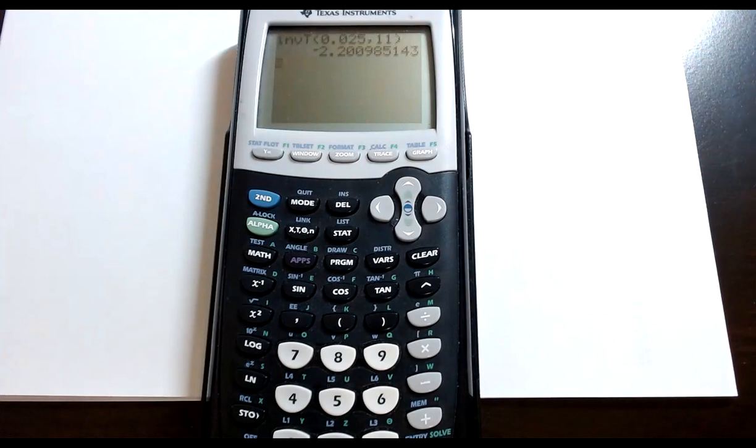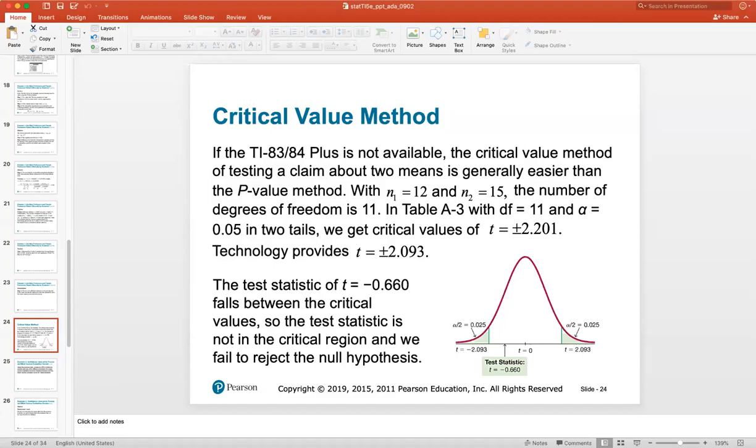Then we can figure out the test statistic using the two-sample t-test.